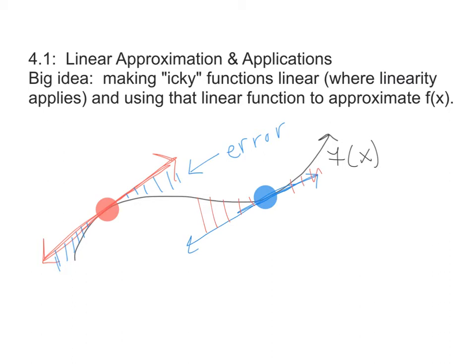So 4.1 is all about applying a linear approximation at an area, and it's basically using that idea of linearization or linearity, creating an area that, when we zoom in far enough, is fairly linear, and using that linearity to approximate.